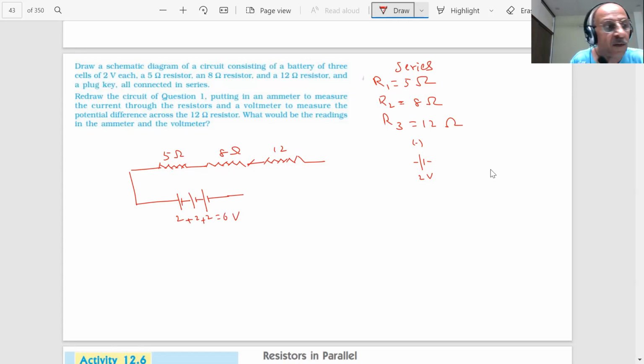Then what else do you have, student? This is my key. So current is flowing. This is my plus, this is my minus, and this is the direction of the current flowing through the circuit. This is the story. Can you draw it?